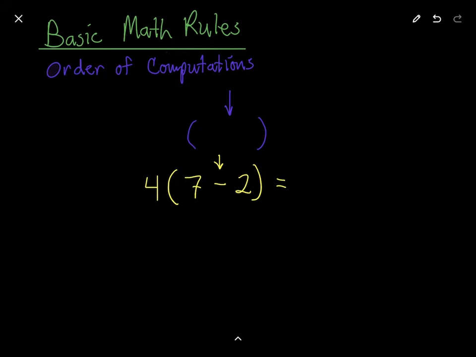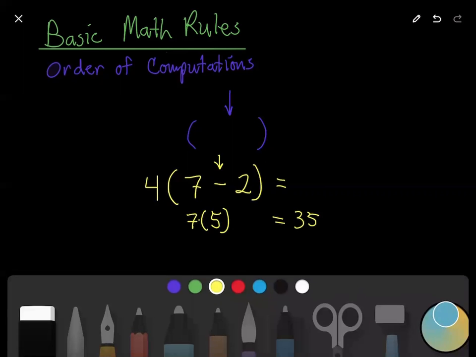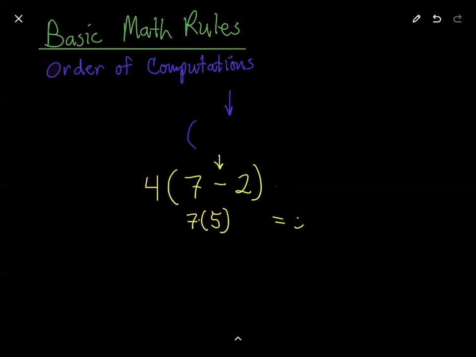So if it's in the parentheses, you want to do that first. In this situation, it would end up being 5 times 7, and that would equal 35. A number next to parentheses is a multiplication. It's basically like there's a little dot right there. So you want to do what's in the parentheses first before you do anything else. That's the first thing to remember.